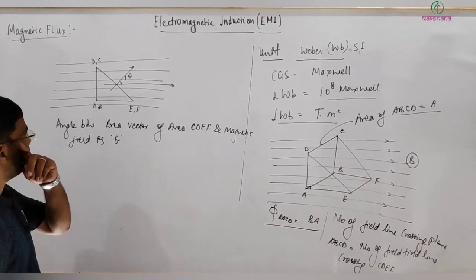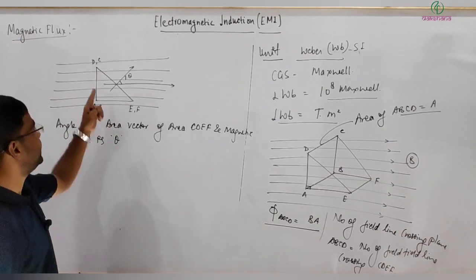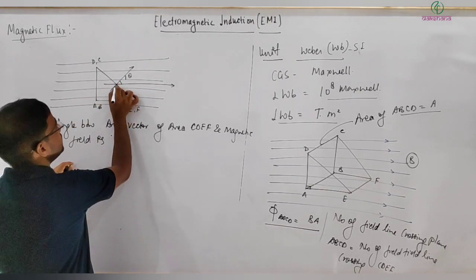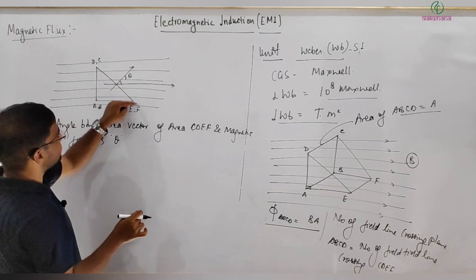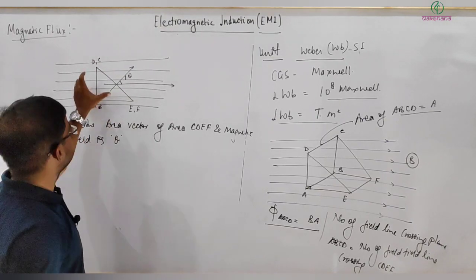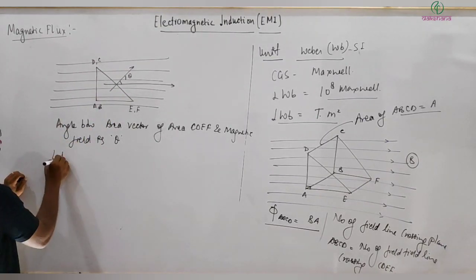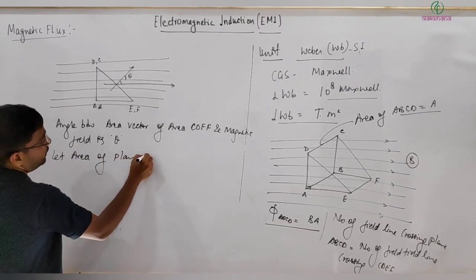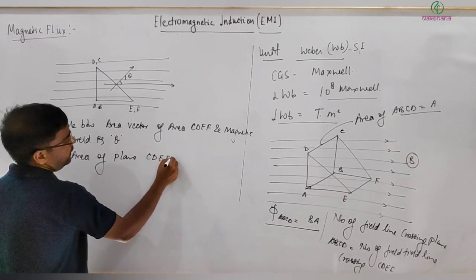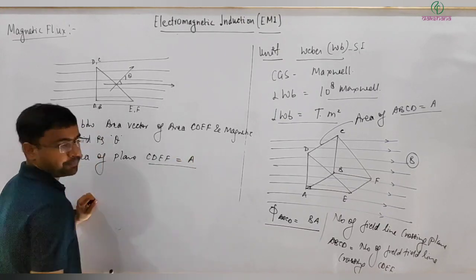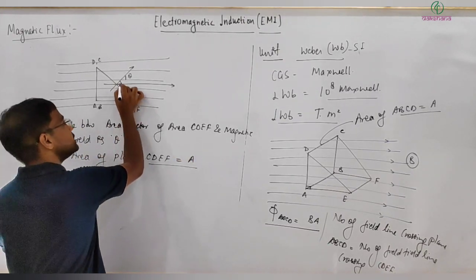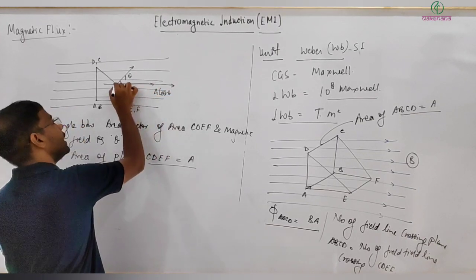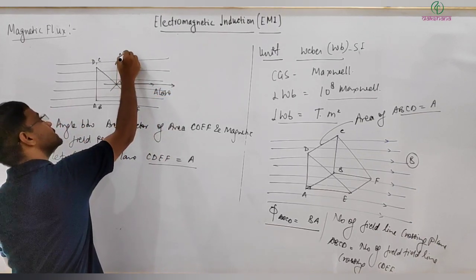If the angle between the magnetic field and the area vector is theta, then you can easily resolve here actually. So flux through this, is it? Now let the area of plane CDEF be capital A, and this angle theta, so you can resolve easily. So this is equal to what? A cos theta, and this will be A sin theta.